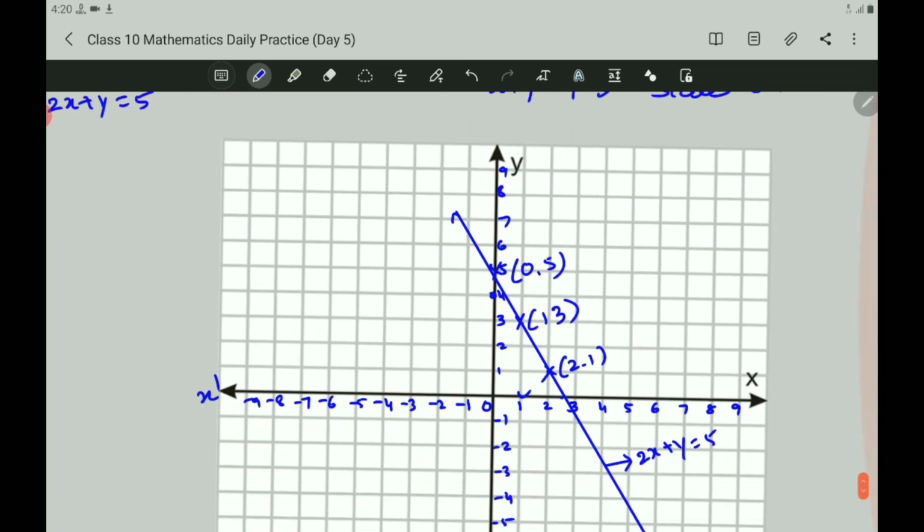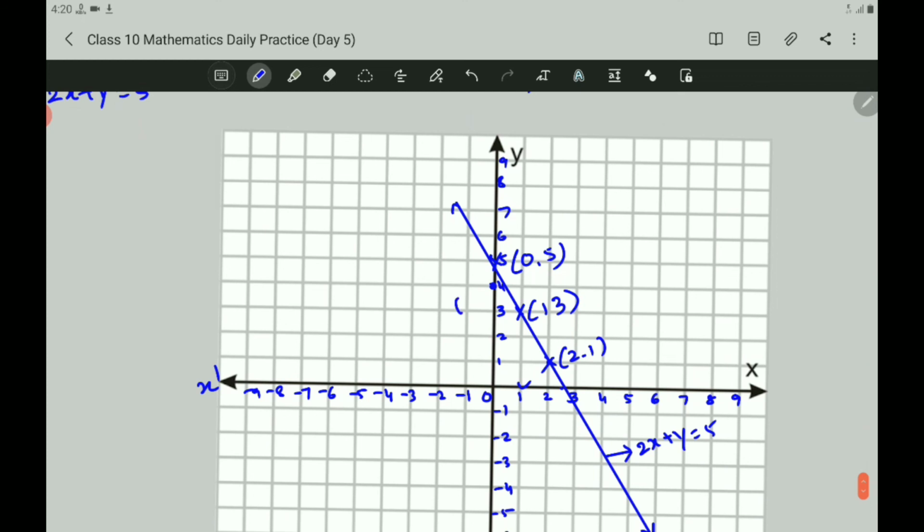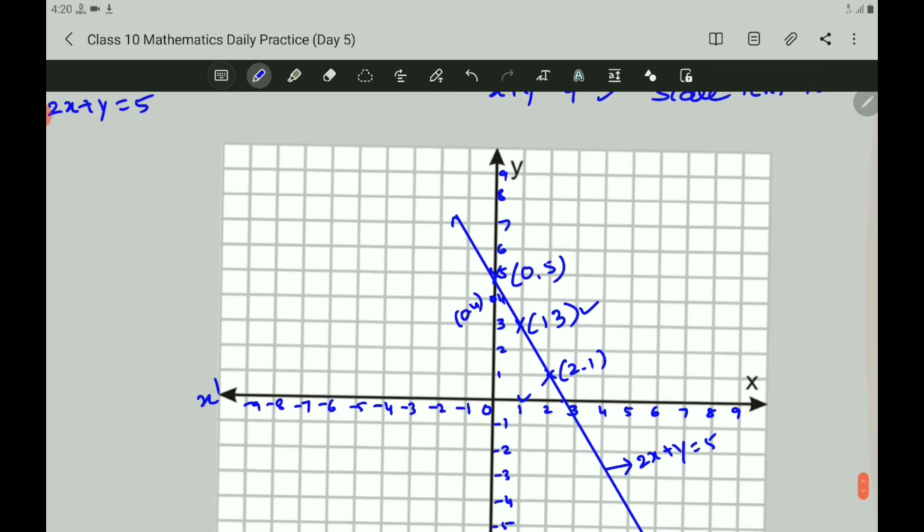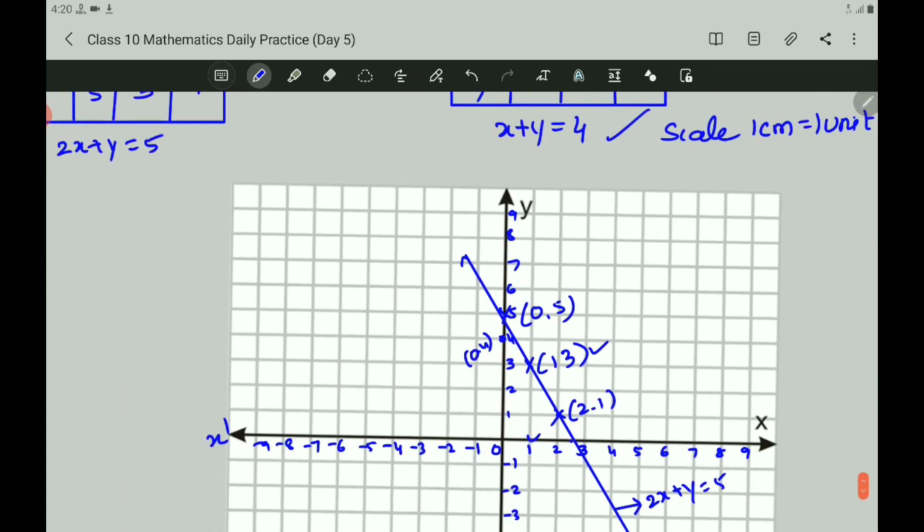Next 1, 3. 1, 3 is already there, and 2, 2. Next you take 2, 2. 2, 2 is here. Now you join these 3 points.